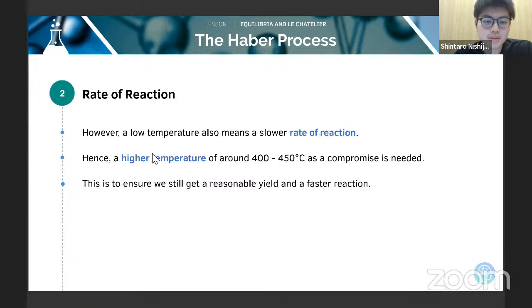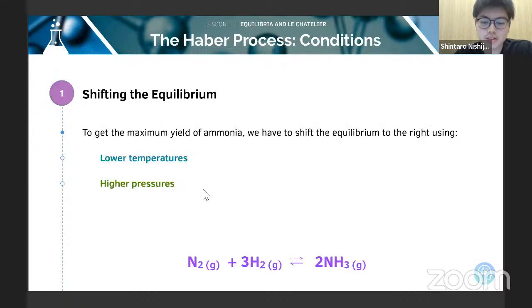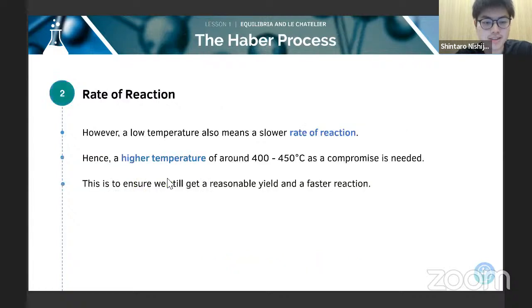So we need a compromise. So we need a higher temperature of around 400 to 450 degrees. And this ensures that we still get a reasonable amount and we're not slowing down the reaction too much. Just to summarize, Le Chatelier's principle says if you want to shift the reaction to the right, then you want lower temperatures and higher pressures, but low temperature is not so good for considering the rate of the reaction.